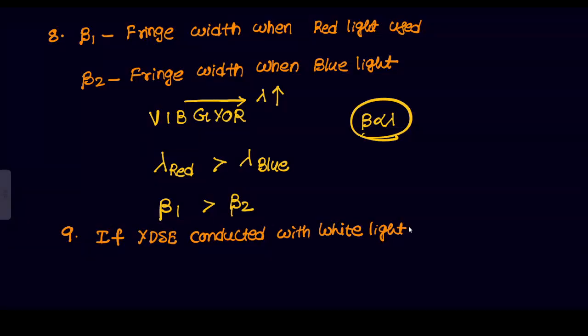White is a combination of all the 7 colors. Then what happens here? If it is done with white light, we have the central bright fringe, and the central fringe is white.